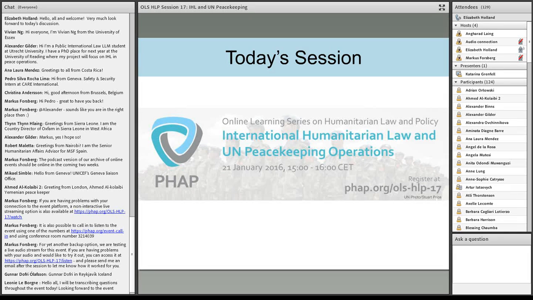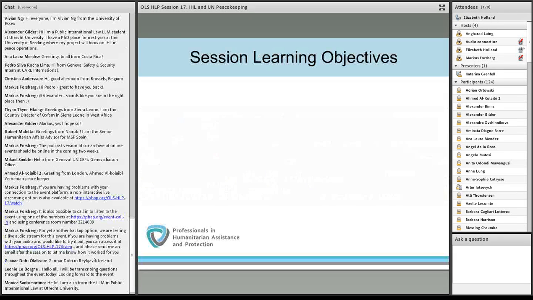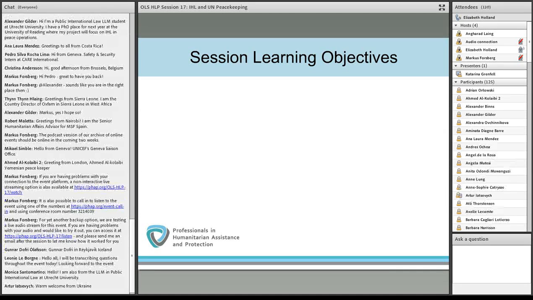peacekeeping operations. As we all know, there are myriad questions related to peacekeeping operations, both legal, policy, and operational for that matter. And so what we're going to focus in on today is, at the very basic introductory level, the question of the application of IHL to UN peacekeeping operations.